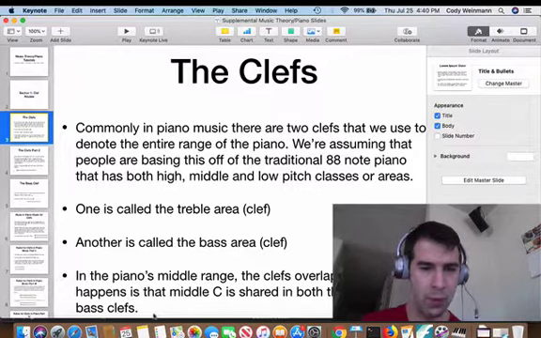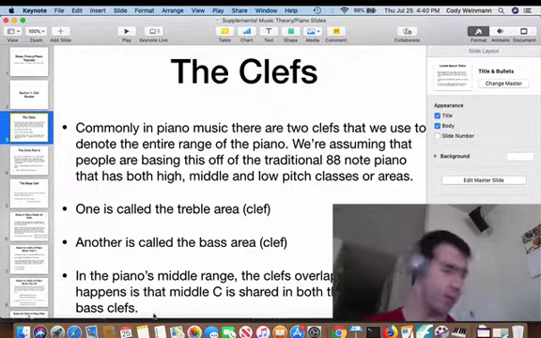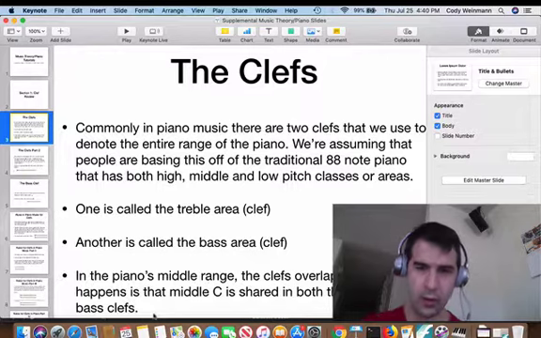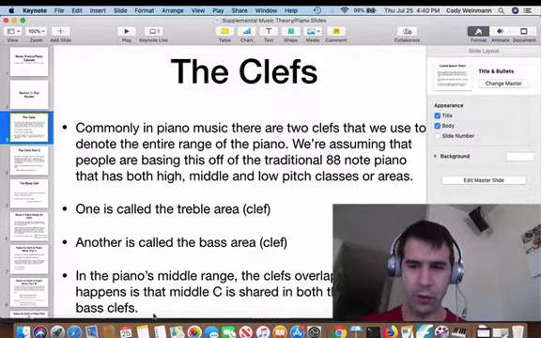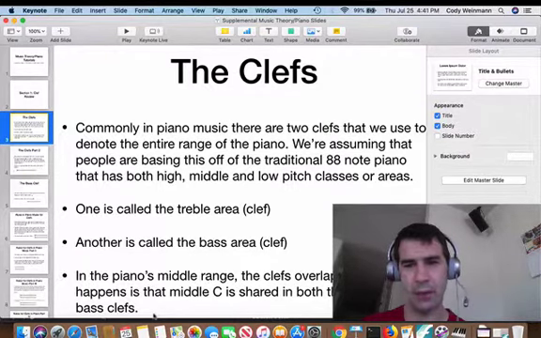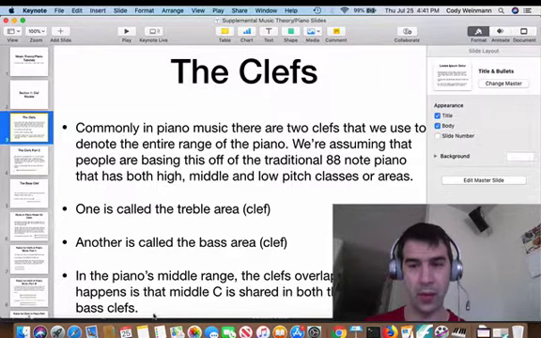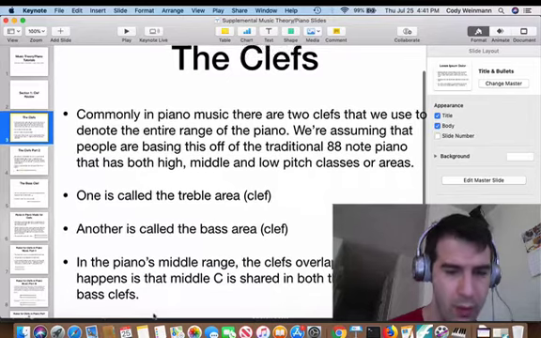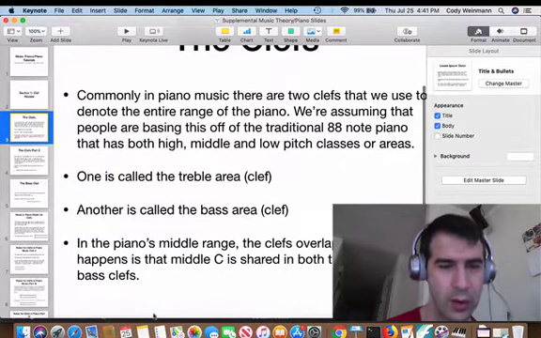What happens is that middle C, which is this one, is shared in both the treble and bass clefs. If you look in sheet music anywhere, you'll see middle C up at the top, past the top of the bass clef, and you'll also see middle C in the ledger line below the treble clef where that starts. So they share that one note in common where they overlap.